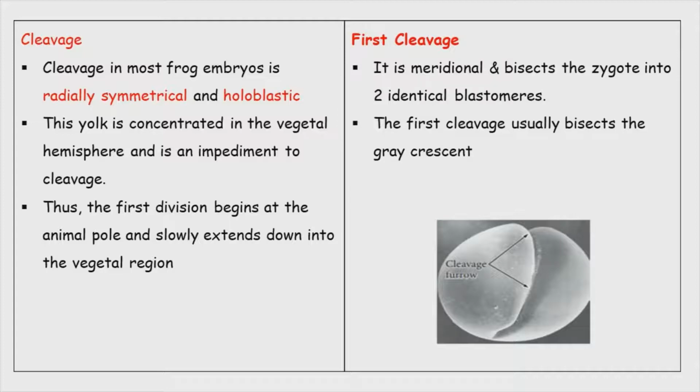Here you can see the two blastomeres formed after the first cleavage, which passes through this meridional axis, the area in the middle of the zygote passing from the animal to the vegetal pole region. And this cleavage also bisects the gray crescent which we discussed in the previous slide.